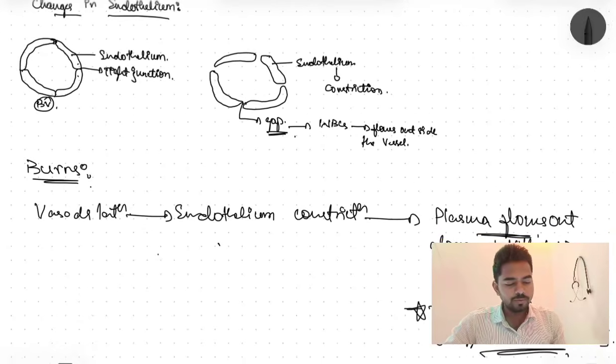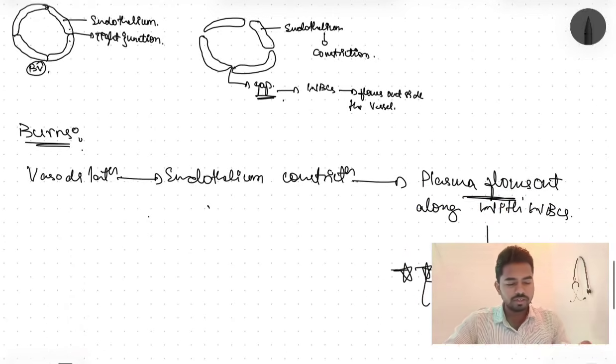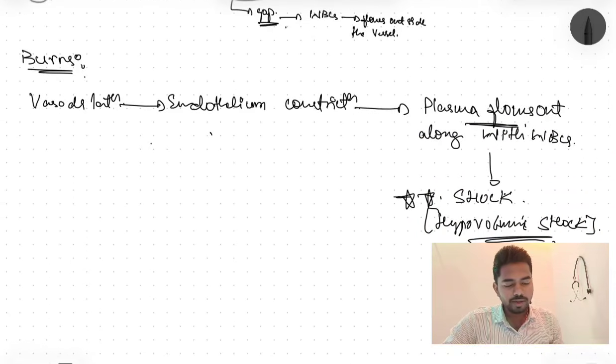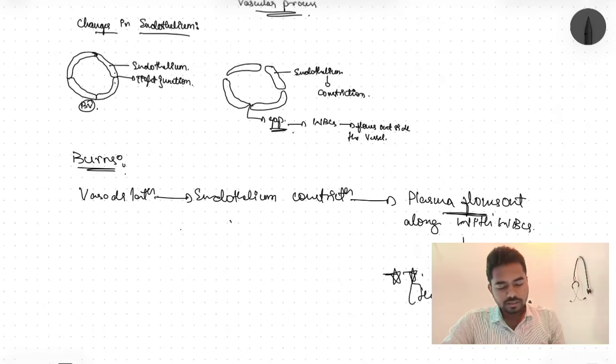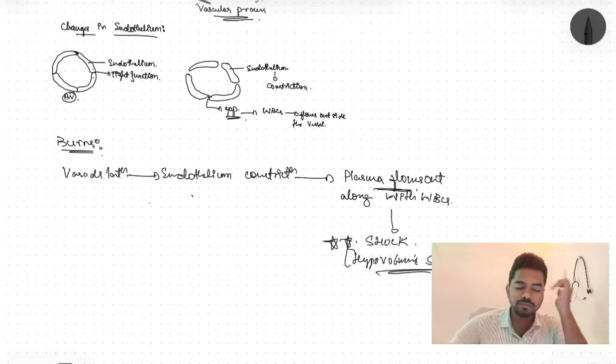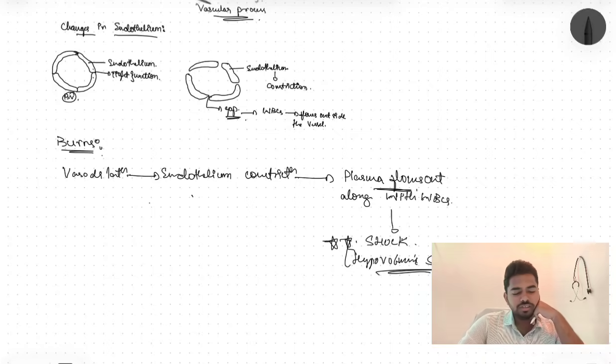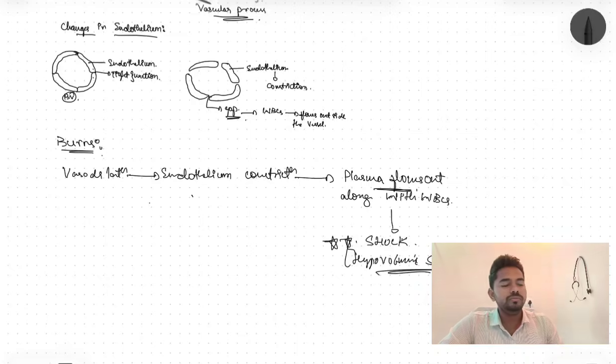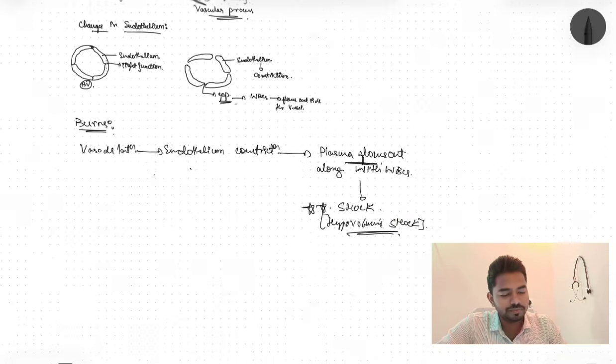Through this gap, WBCs and plasma will flow, and bacteria can be eliminated. In case of burns, vasodilation, endothelium constriction, plasma and WBCs will flow. Due to the greater flow of plasma in burns, we'll get shock. Since there is a decrease in the volume of blood, it is hypovolemic shock. Next, we'll see cellular changes.